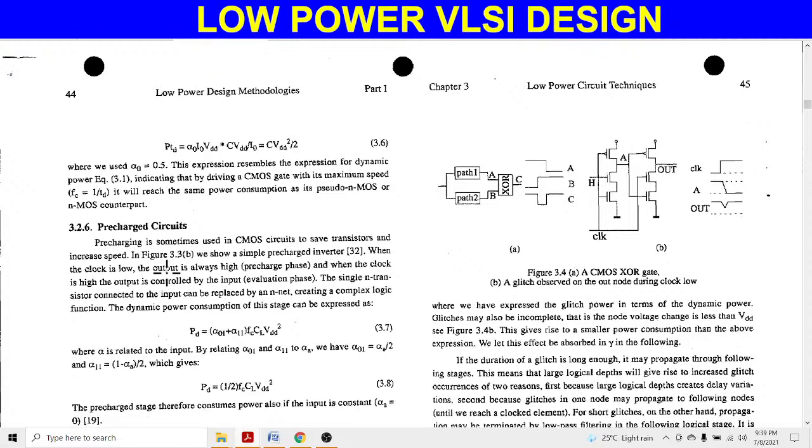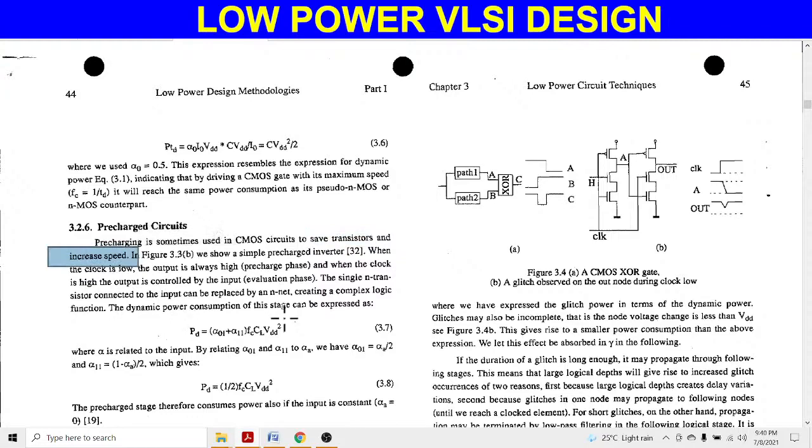So sometimes we can use some external elements with the CMOS circuitry to save transistors. What is the purpose of connecting a pre-charge circuit? The first is to save transistors, and the second is to increase the speed.